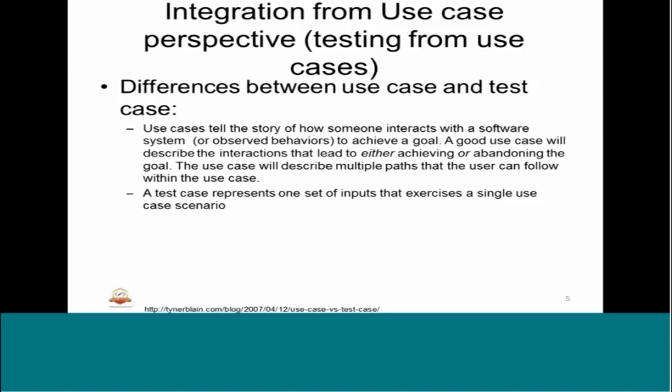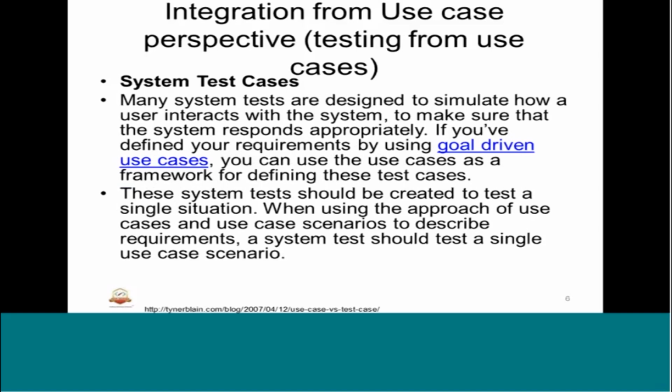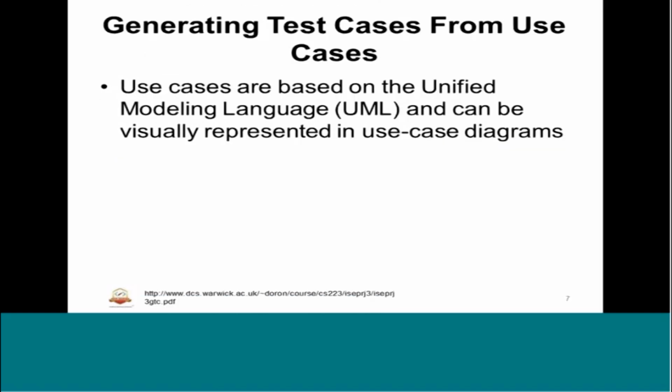What we do is first describe the users or the actors and describe the scenario, and for each scenario we write the test cases. So it's called goal-driven use cases. For generating test cases from use cases, there are a lot of tools available. First, we develop the use cases with the help of tools such as UML, Unified Modeling Language.